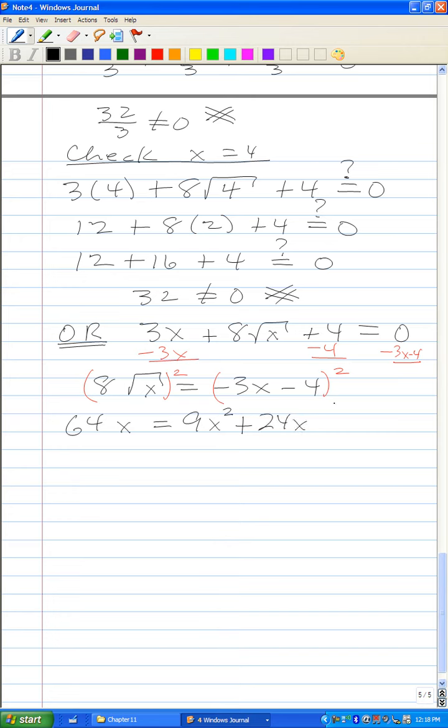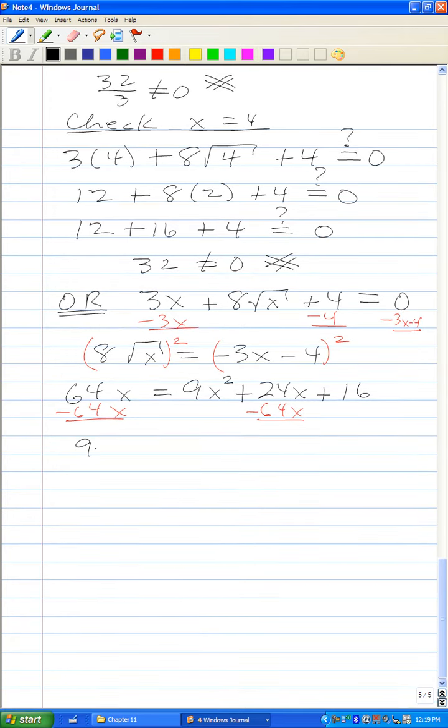Negative 4 squared is 16. Let's subtract 64x from both sides of my equation. And so I get 9x squared minus 40x plus 16 equals 0.